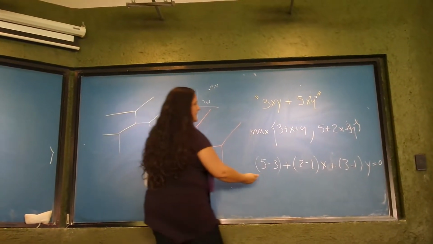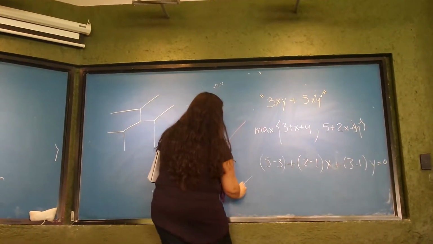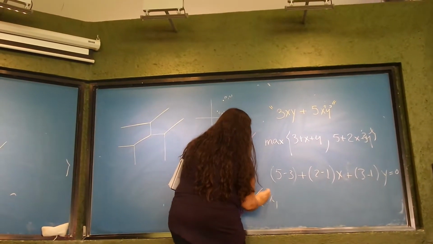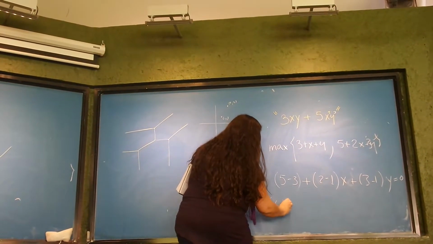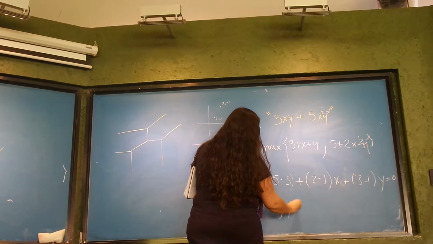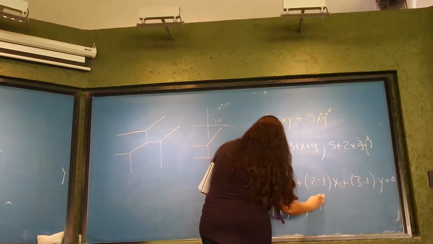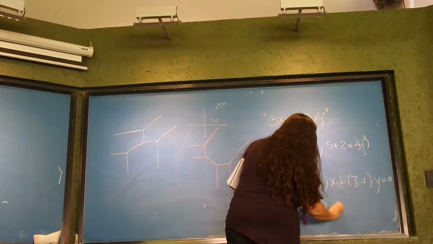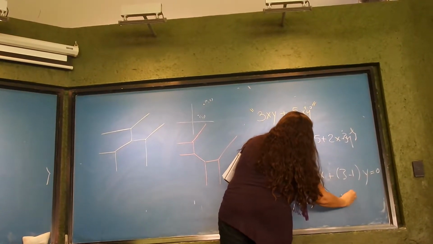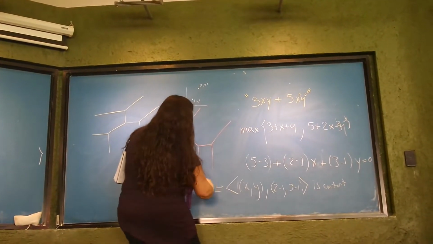And if you look at this expression, it says that the dot product between the point x, y, and the point 2 minus 1 minus 1 is constant, in fact equal to 2.